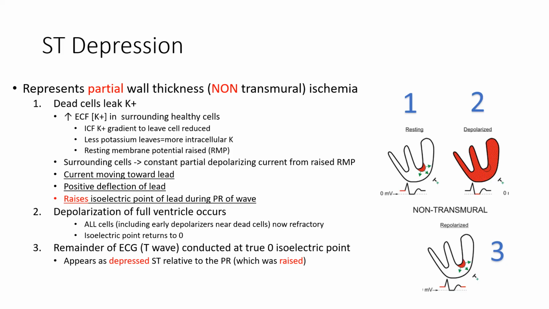Firstly, remember that cells sit at a resting membrane potential of about negative 90 millivolts. If I have an area of partial wall ischemia, the cells there are dead, as you can see.